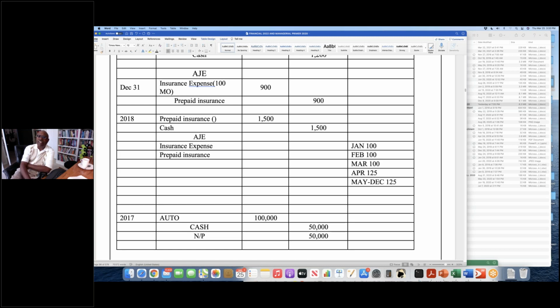I'll tell you how you get 1,425. I did the 100 for January through March, and then plus 125 for April through December. There's somebody who pays rent there. That's true. So when it changes, you have to pay more money. So that's what the adjusting entry would be like.